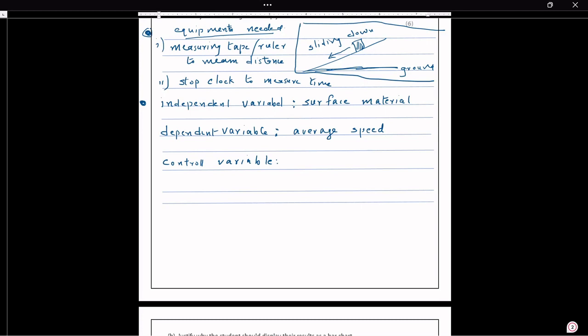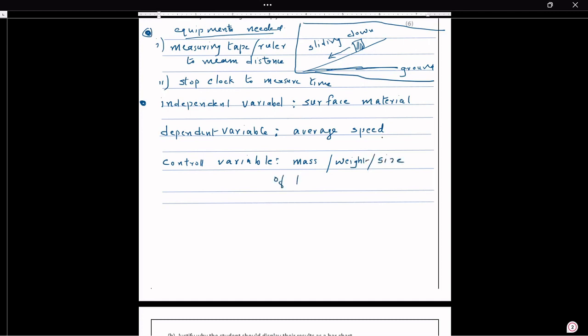Now, what about the control variable? Control variable is something you have to keep fixed throughout the experiment. As an example, we can say the mass of the block, or the weight of the block, or the size of the block, even the material of the block, you can add it.